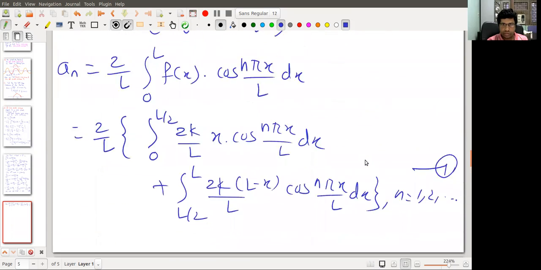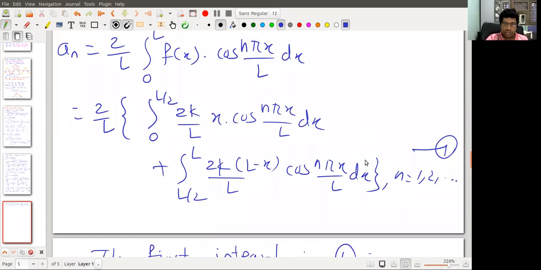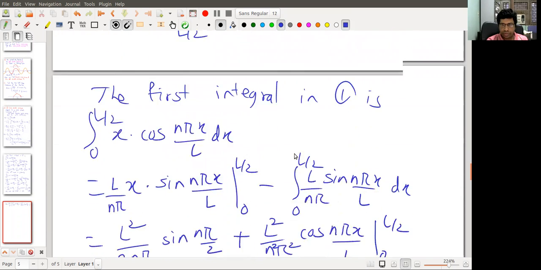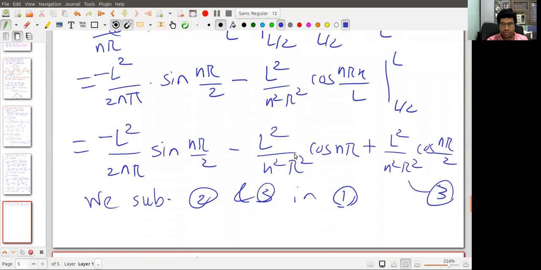What next? Second integral. So plus this integral L minus x into cos n pi x by L. So it is equation 3.